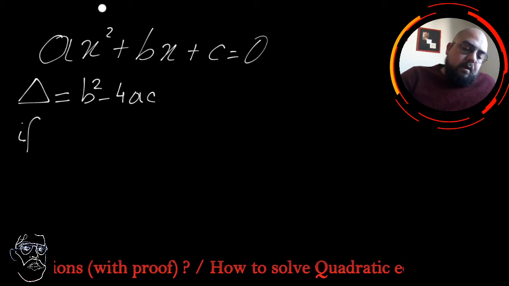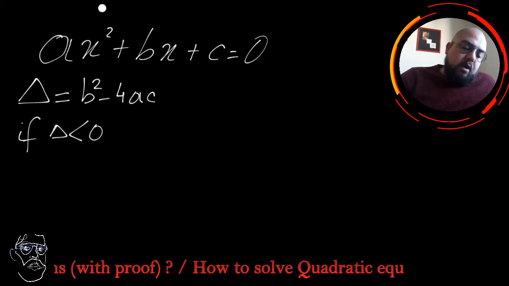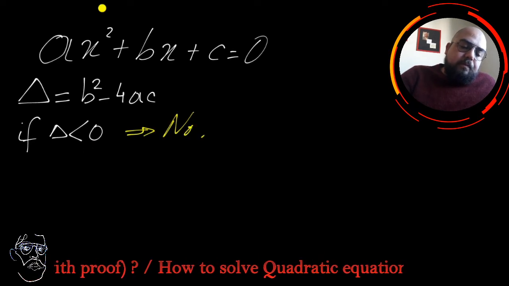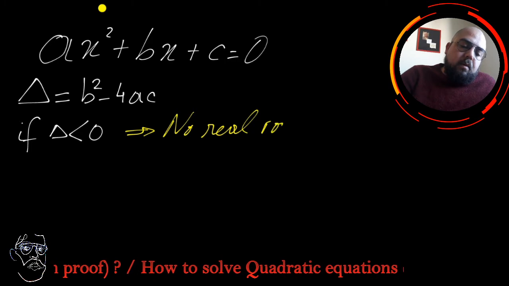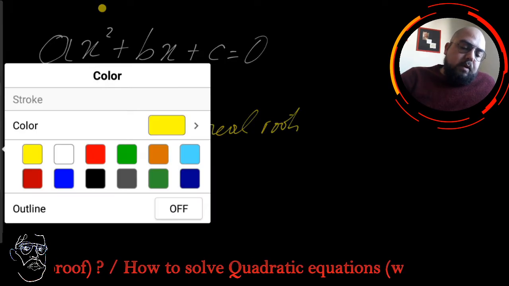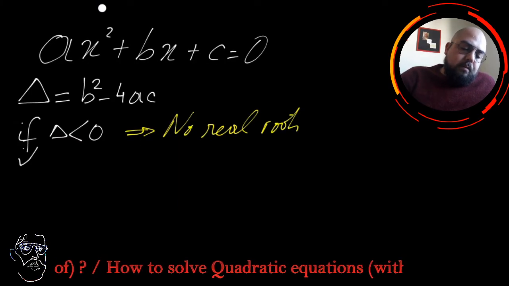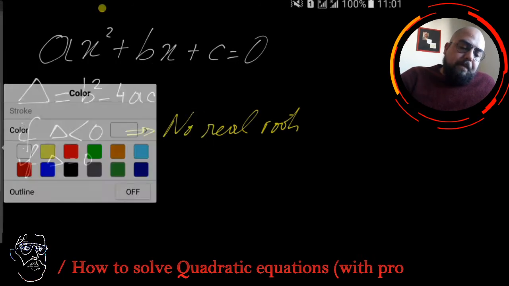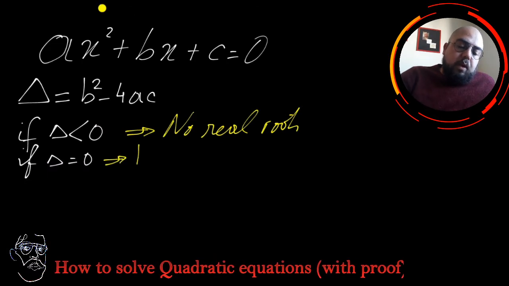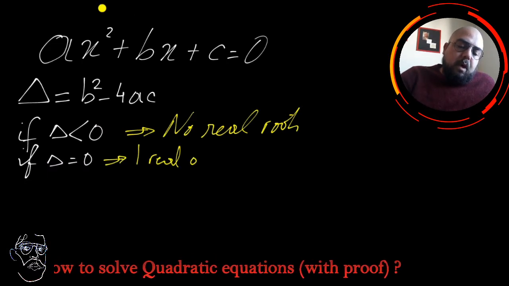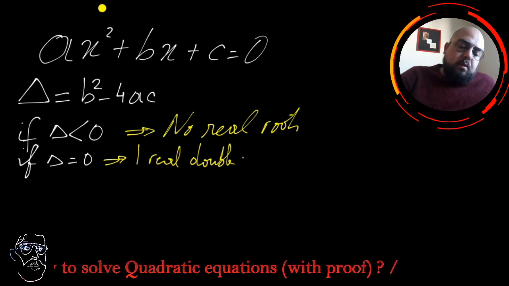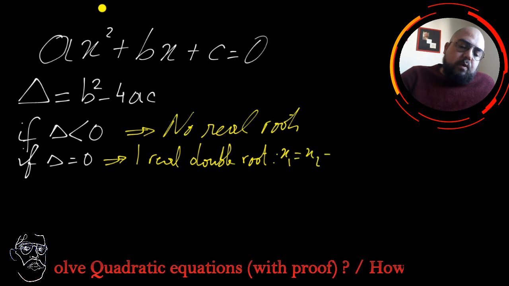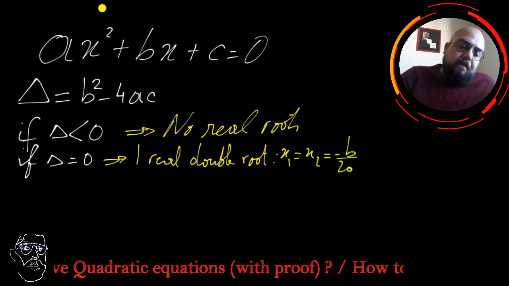If delta is negative, you can directly say no real roots. If delta is equal to 0, you have one real double root, which is of course x1 = x2 = −b/2a.